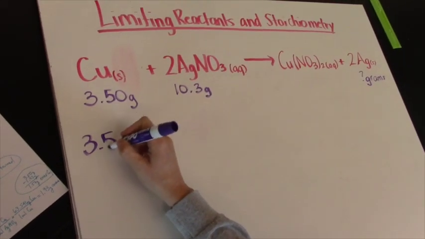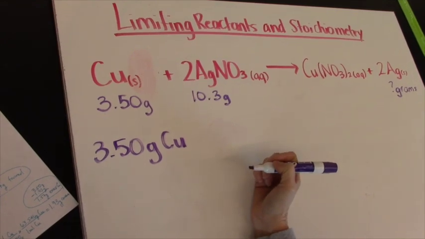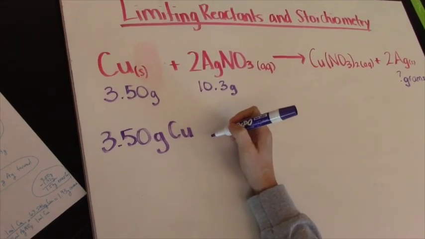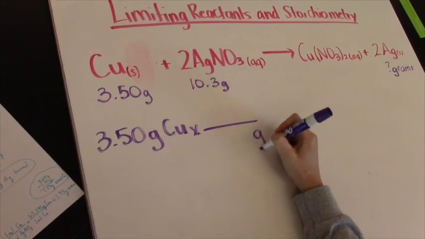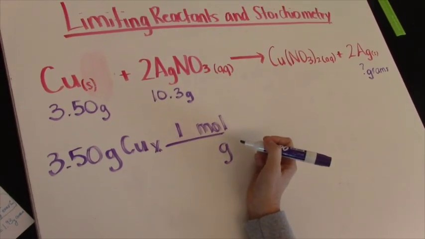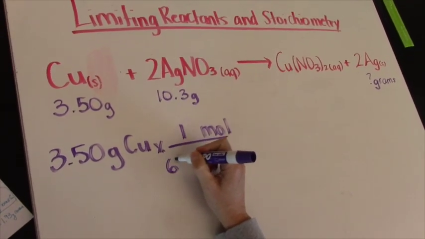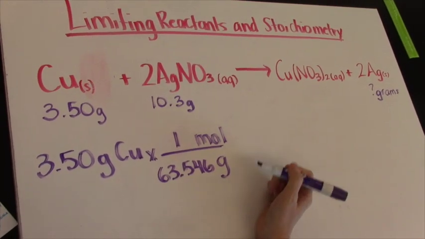Okay, so let's go ahead and get started. And I think the best way of going through one of these limiting reactant calculations is to take both reactants and turn those into the desired product in terms of the mole. So we're going to go from grams of copper over to moles of copper. So the molar mass from the periodic table is 63.546.